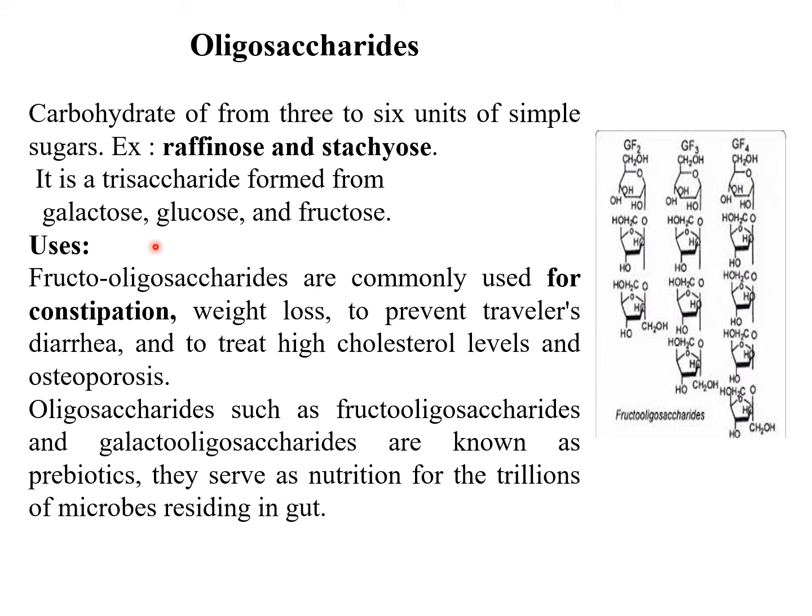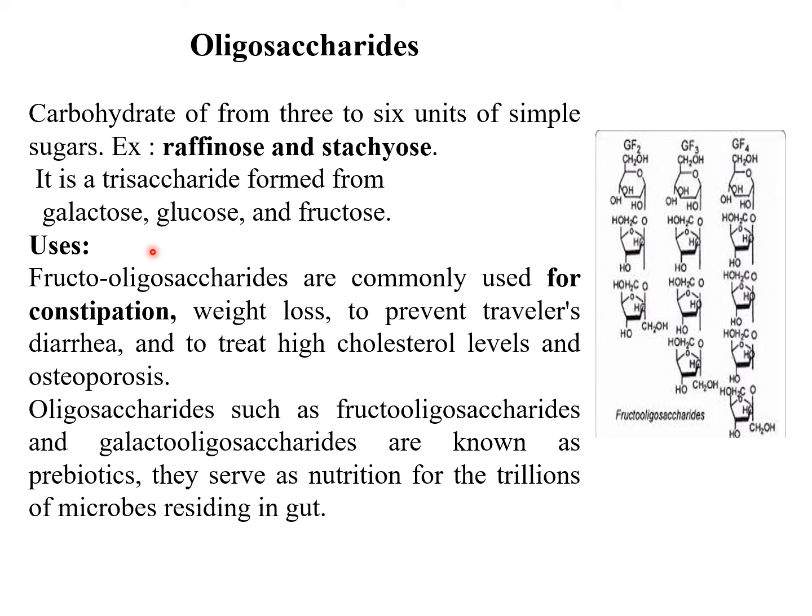Okay, next we'll see the uses. Fructo-oligosaccharides are commonly used for constipation, to relieve constipation. That is the reason why clinicians advise us to take a lot of vegetables and fruits, because they contain oligosaccharides which cannot be further digested, but increase the water content in your fecal matter.